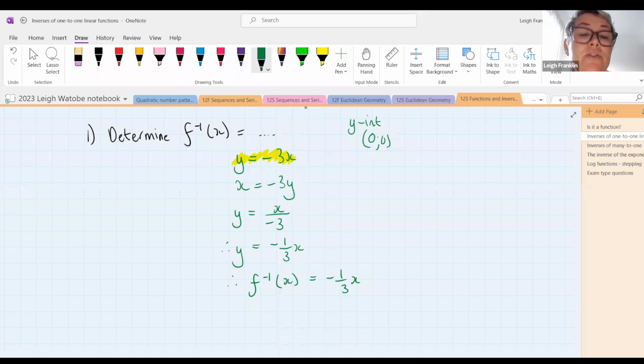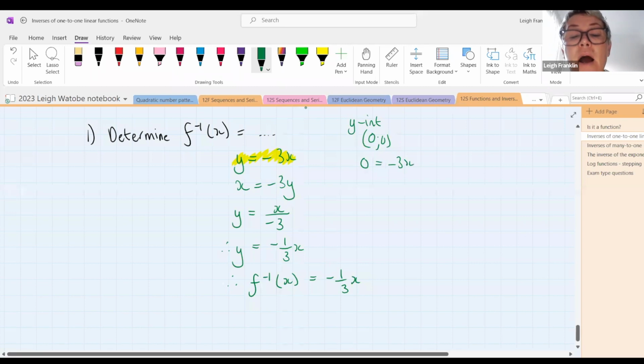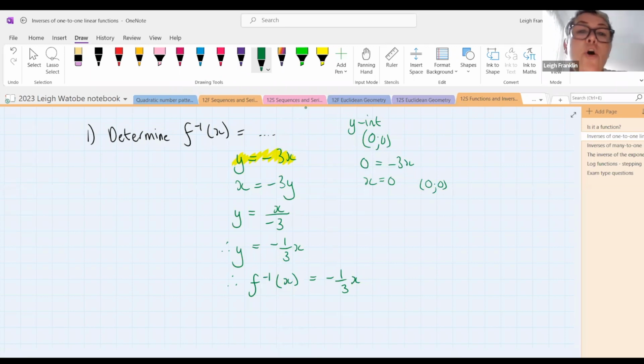But even if I tried to solve for an x-intercept, I'd still end up with x equals 0. I cannot draw a straight line with one point only.